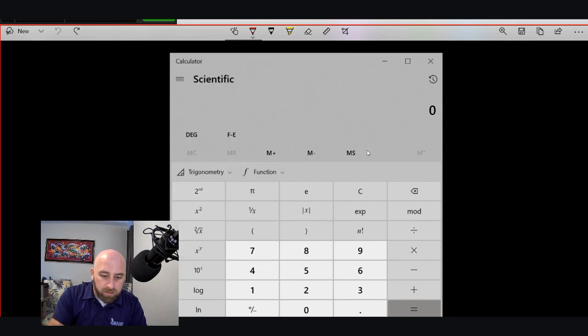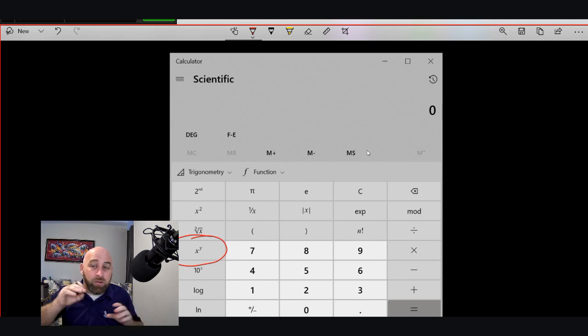Circle it in red here: X to the Y. Now yours might look something different. Yours might say something like n to the x or y to the x or even a number like 2 to the x.